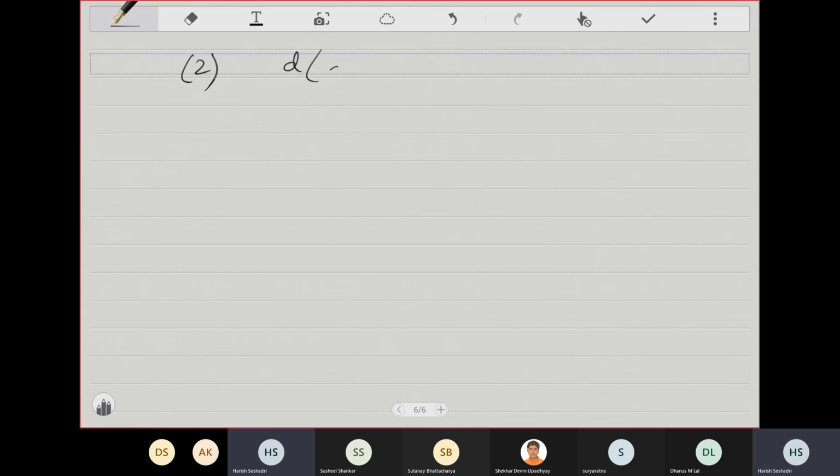Now this is even easier. I just have to go to the definition. After all, how do I see this? I'm assuming dxi is a basic form.